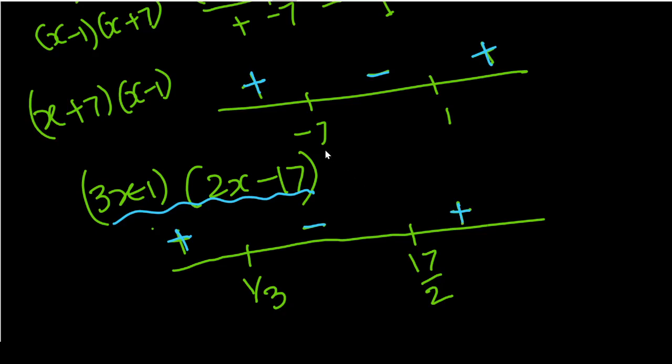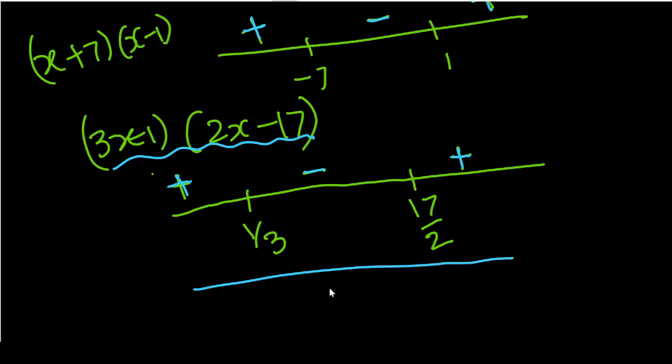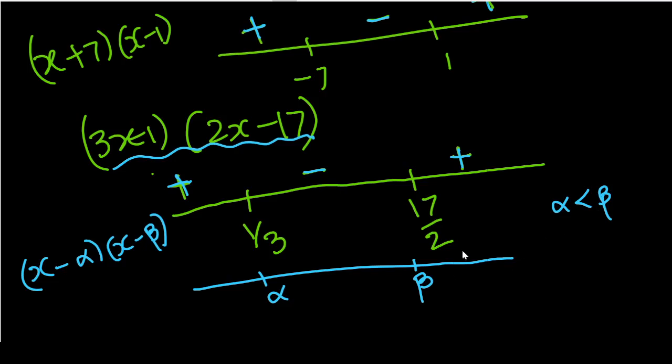So from these two examples we can generalize that if we have two linear factors multiplied like this, x minus alpha into x minus beta, where alpha is the smaller value and alpha is lesser than beta, we will again have the same sign: plus, in the middle interval it is minus, in the left interval it is plus.